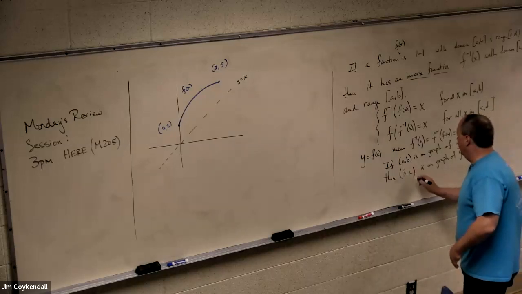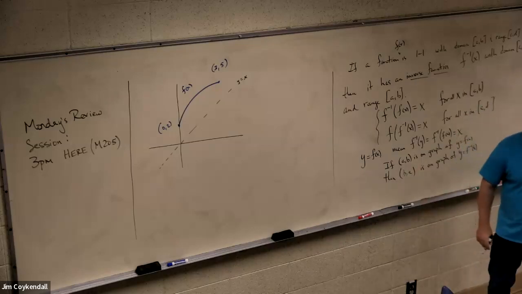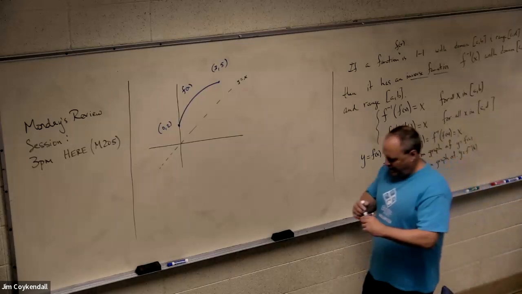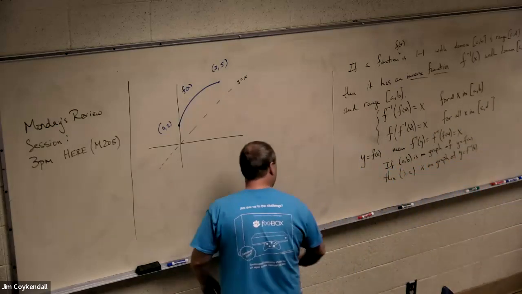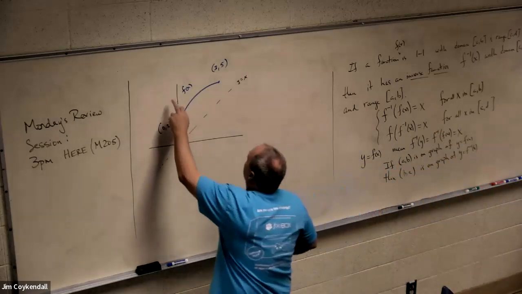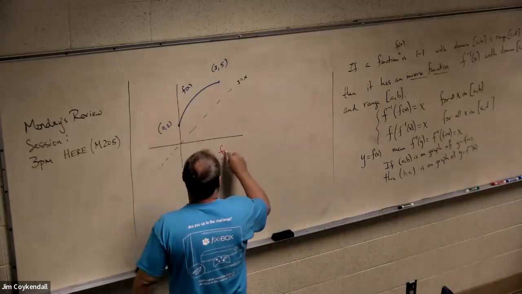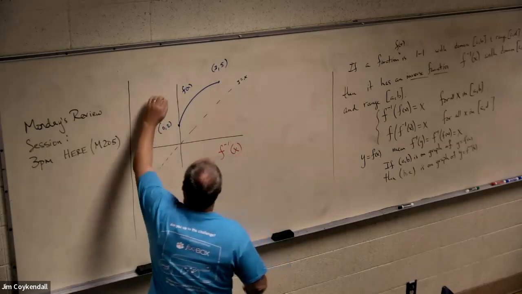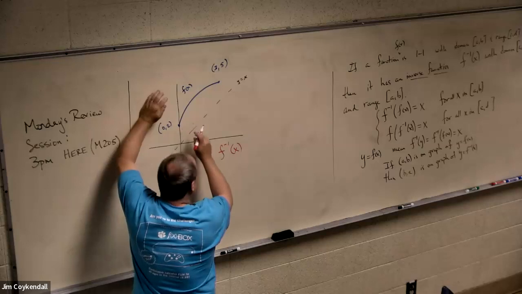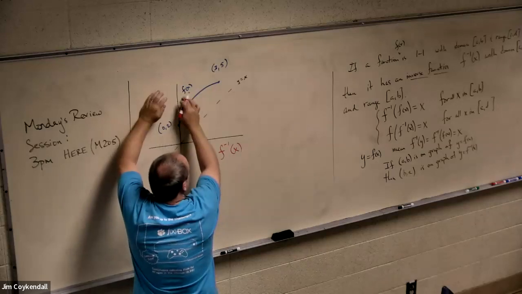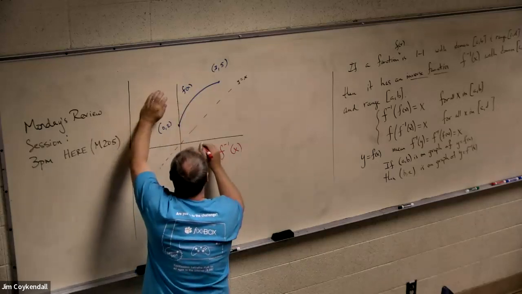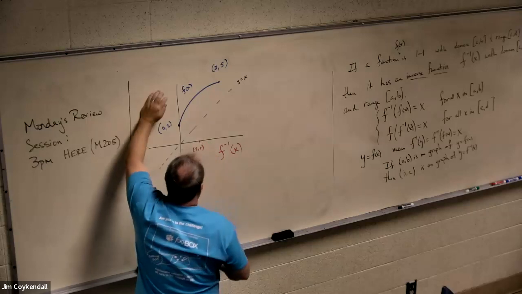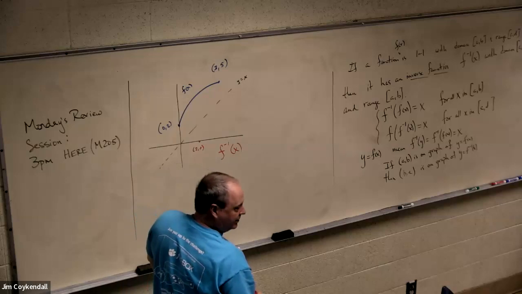So again, the inverse reverses the order. If I were to draw the inverse, the fact that you have 0, 2 on the blue graph of f of x means that you must have 2, 0 on the graph of f inverse.